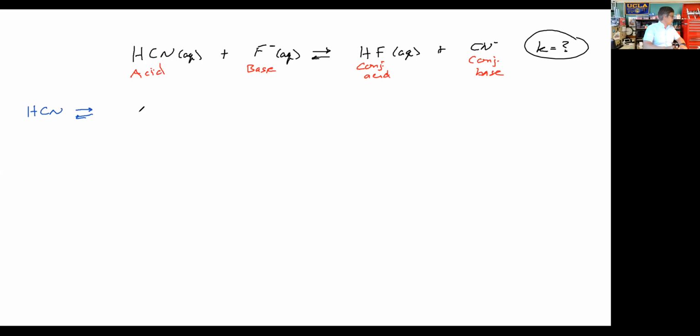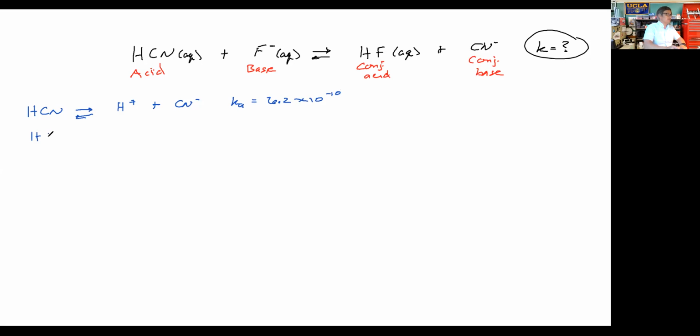The Ka values you're given here refer to the process in which these compounds, these acids, dissociate. So the Ka for this one is 6.2 times 10 to the minus 10. And then they give us the Ka for hydrofluoric acid.